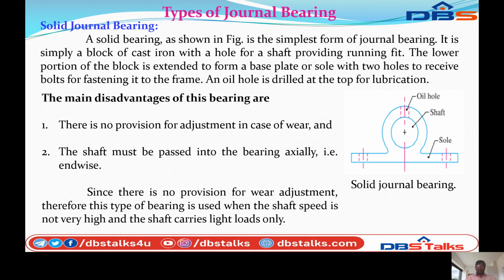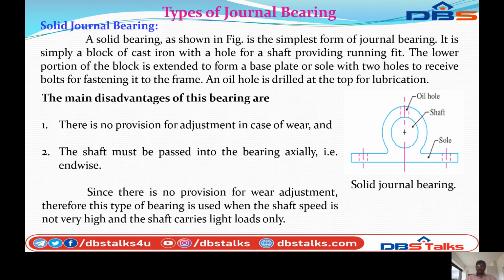So you can see the figure. This is the solid journal bearing. The entire body is made of cast iron, with a hole for the shaft providing a running fit. On top of the journal bearing the oil hole is provided and the shaft is rotating.